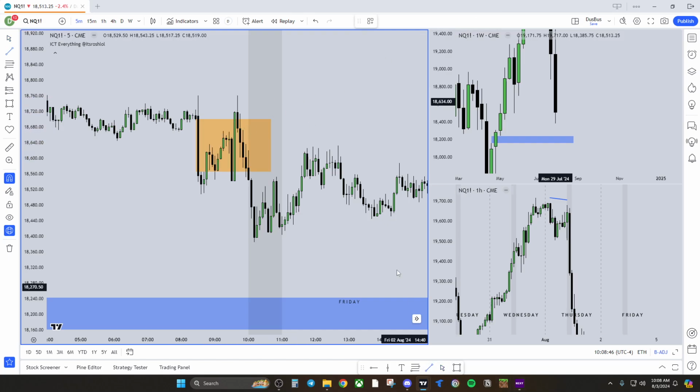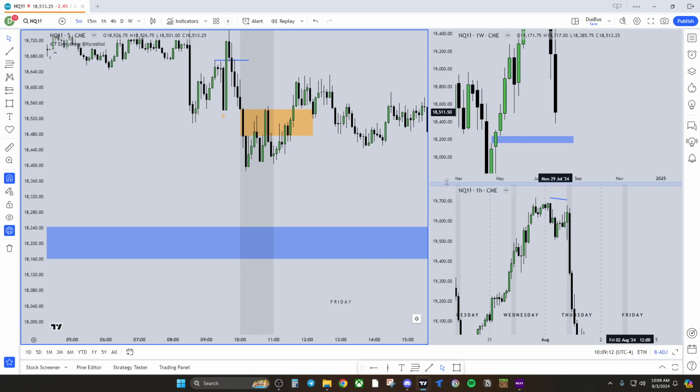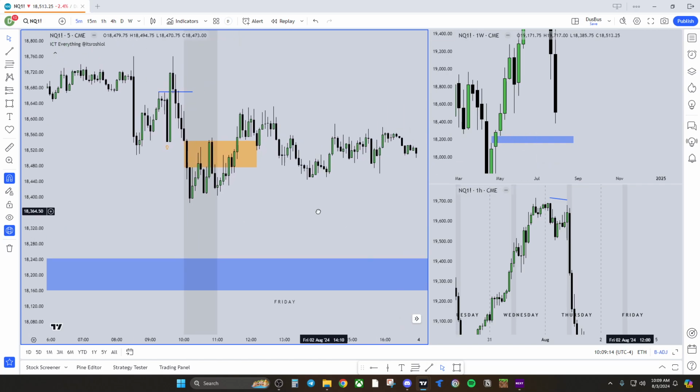Then this probably scared a lot of people out or stopped people out with spreads. Then at 9:30, we have another little Judas swing with a market structure shift and a fair value gap. Then you stop at candle 1, and then you look for this weekly inefficiency.